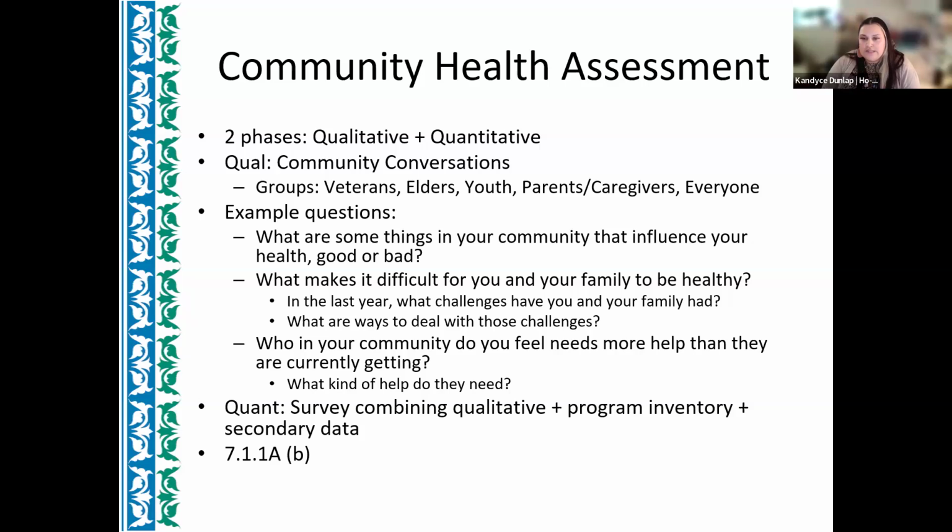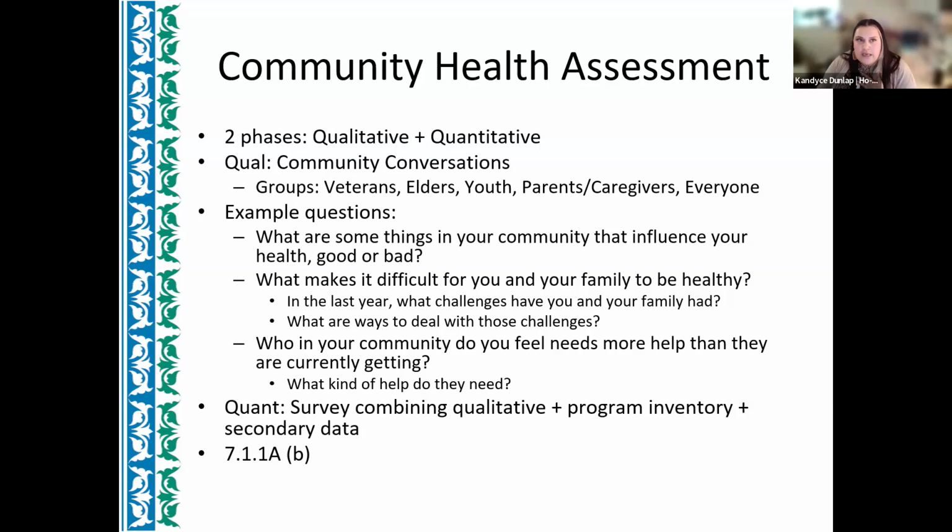The goal of this is to get information and identify gaps between what community members identify as needs and what we are currently providing, but also to use this to inform our quantitative portion, which is going to be a survey. If we want some numbers, we use the answers from the community conversation component of our qualitative work.